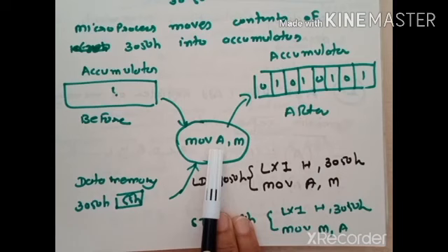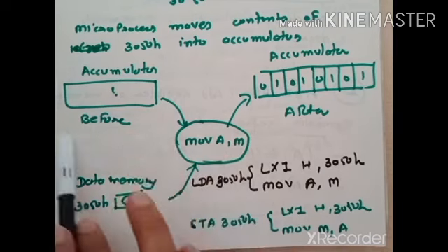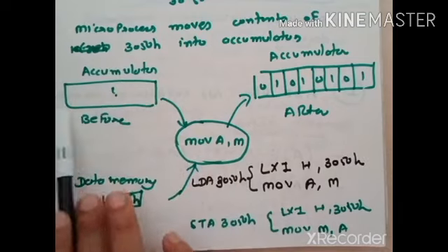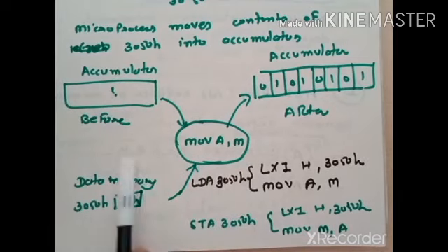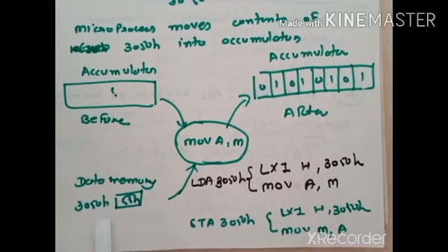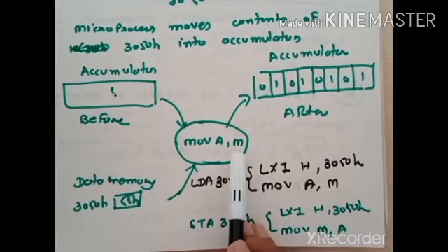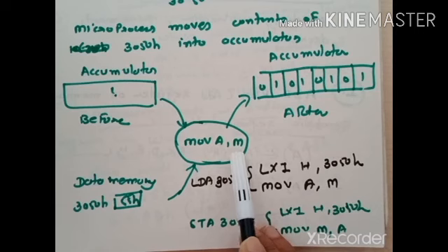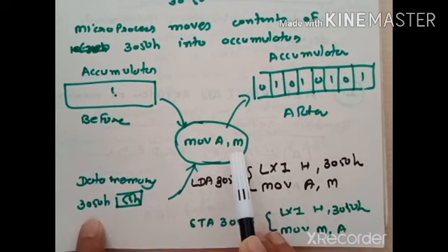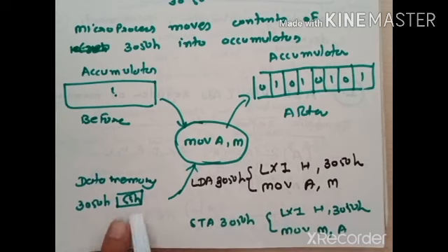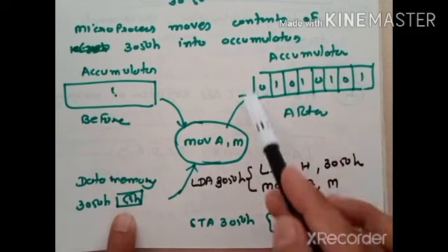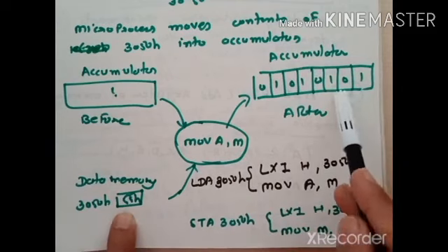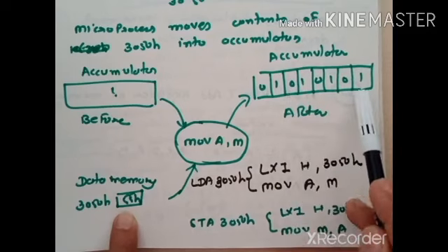MOV A, M. Before execution of this instruction, the content of the accumulator is unknown. Then in memory, the content at address 3050 is 55H. After execution of this instruction, the content of the accumulator is 55H.